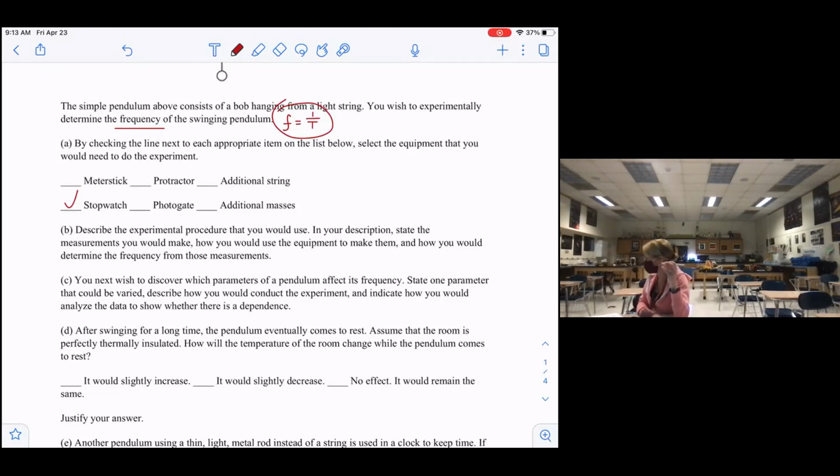Also, this is probably a little bit more rare, but if for some reason you use the stopwatch incorrectly or you had no idea, if you just randomly chose stopwatch, but you didn't say how to use it in part B? If you just said to collect the time as the pendulum moves, probably not clear enough. Yeah, you might not get your points for stopwatch in part A.